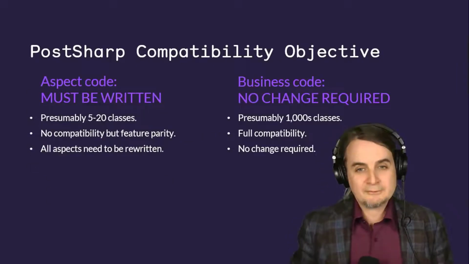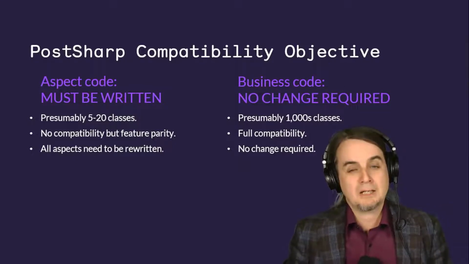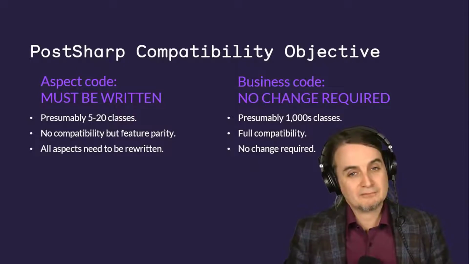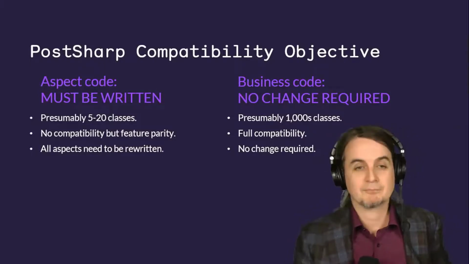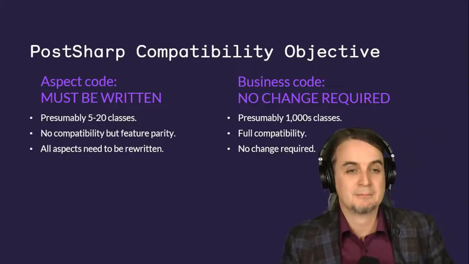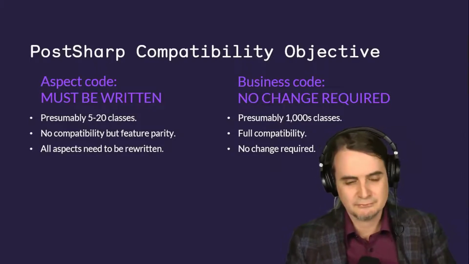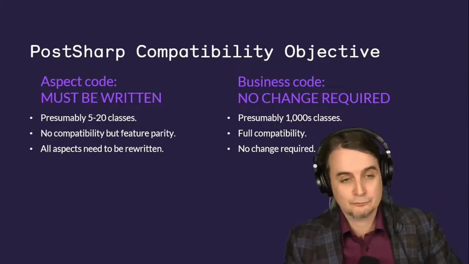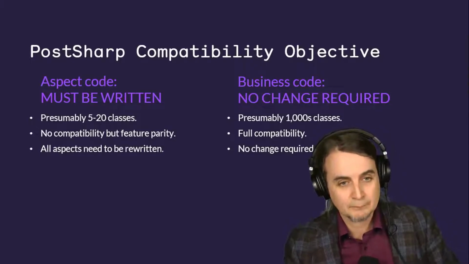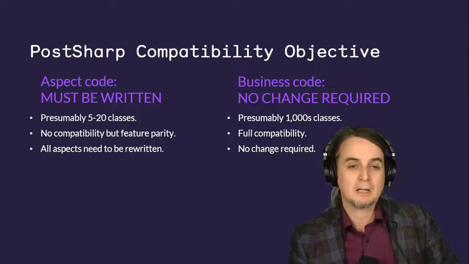So our objective with Metalama is to be compatible with PostSharp, but actually our objective is that your business code will be compatible and not the aspect code. Typically, any customer of PostSharp has 5, 10, 20 is really generous in terms of number of aspects. So say 10 aspect classes. So these aspect classes will need to be rewritten. There will be feature parity, but there will not be any kind of compatibility.